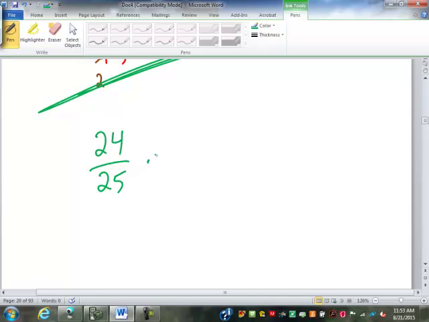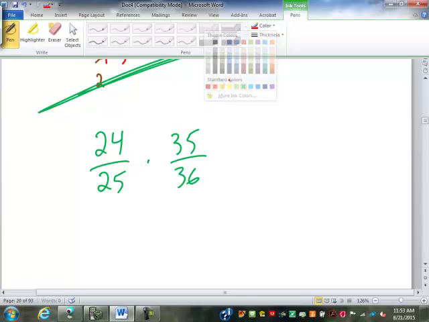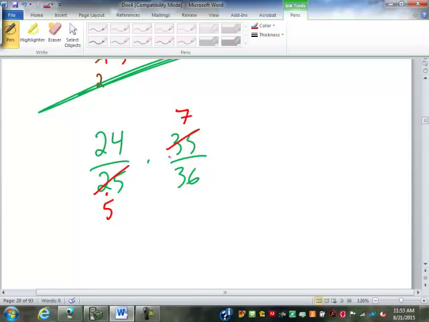24 25ths times 35 36ths. What can I cross cancel there? 25 and 35 can both be divided by 5. This will give me 5 and 7. What else? 24 and 36 can both be divided by 12. Gives me 2 and 3.